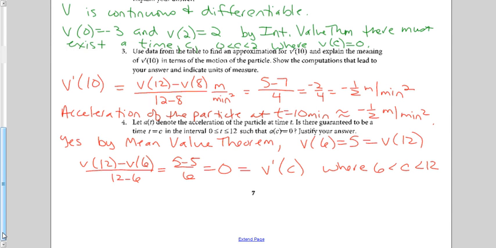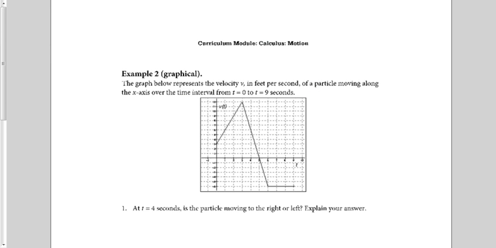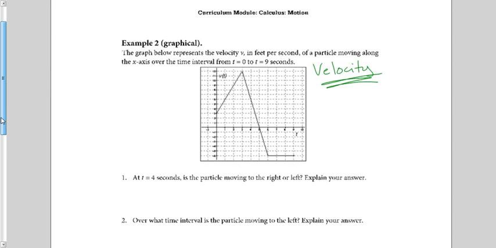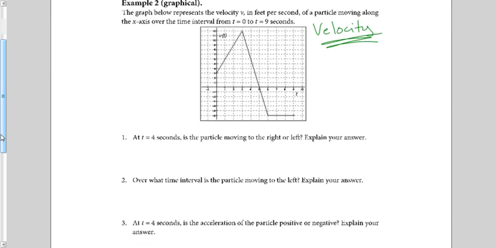Moving on to example 2, our graphical example. So here we have the velocity. Again, this is velocity. And hopefully I'll get my numbers right because the numbers are really hard to read on the screen. I apologize, but every tick mark is a 1, I believe. So at t equals 4 seconds, is the particle moving to the right or left? All I care about is whether v is positive or negative.